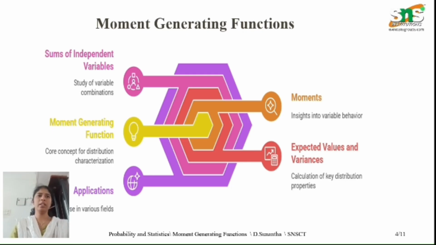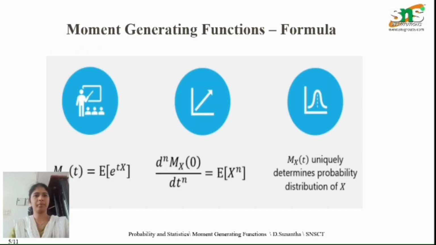Next is the design thinking based activity: predicting a student's academic performance using the moment generating function and the design thinking process. First is empathize. Students often analyze their marks, attendance and assessment scores but find it difficult to understand overall performance patterns.